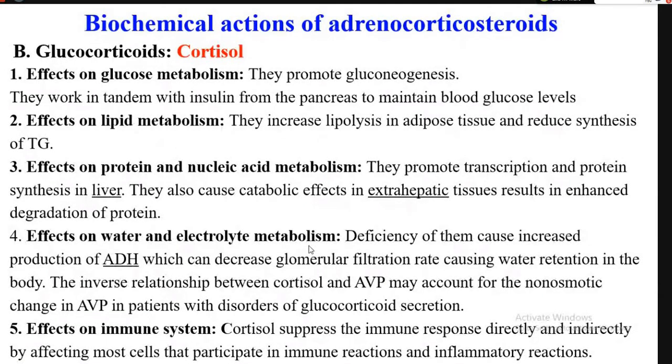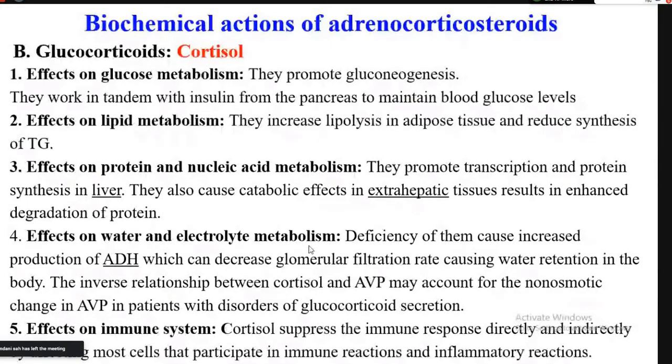Insulin has effects on glucose, carbohydrate, lipid, protein, and potassium. Similar things happen with cortisol, but the action is opposite to that of insulin. Cortisol is a catabolic hormone, whereas insulin is an anabolic hormone. Insulin helps in synthesis, whereas cortisol does the opposite, breaking down.